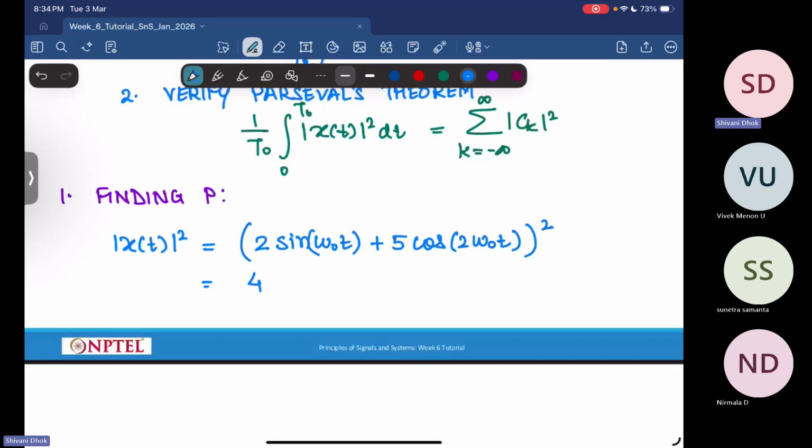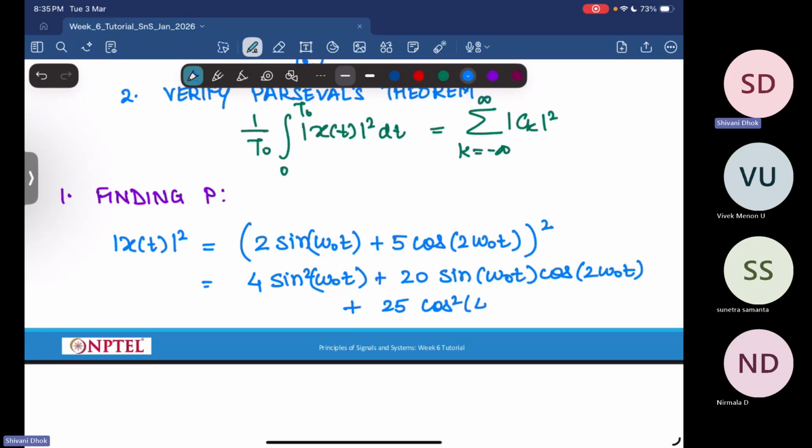So this becomes 4 times sine square omega naught t plus 20 sine of omega naught t into cos of 2 omega naught t plus 25 cos square 2 omega naught t.